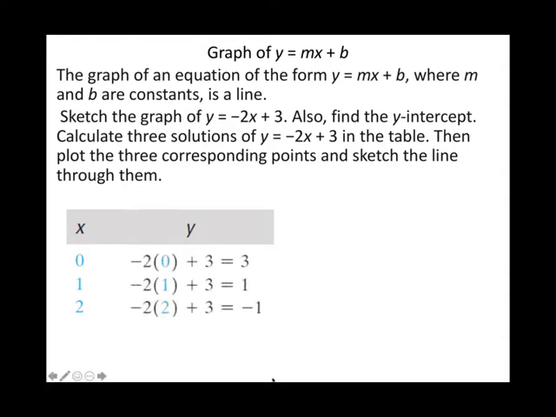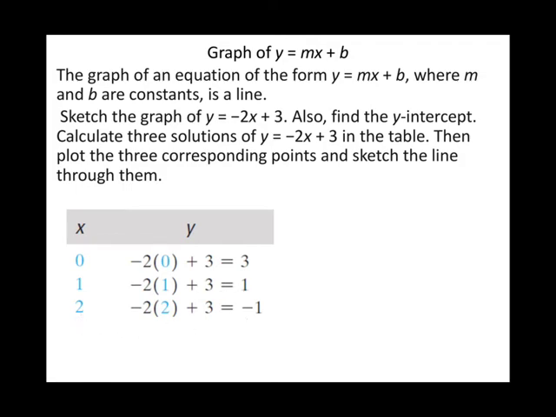Okay, check your work. When x equal to 0, plug it in. So negative 2 times 0 plus 3. So that'll be 3. When x equal to 1, plug it in. So y equal to 1 here. Okay, so right now you do have three ordered pairs. 0, 3, 1, 1, 2, negative 1.